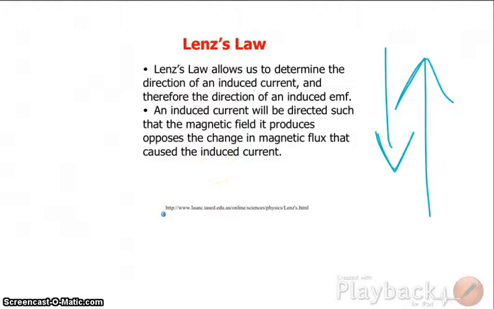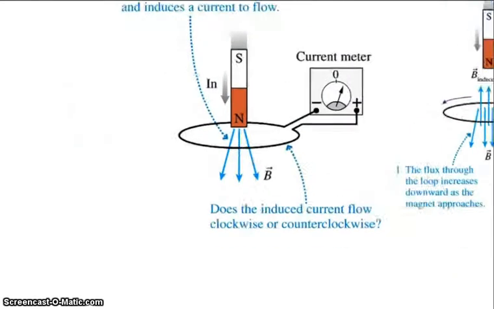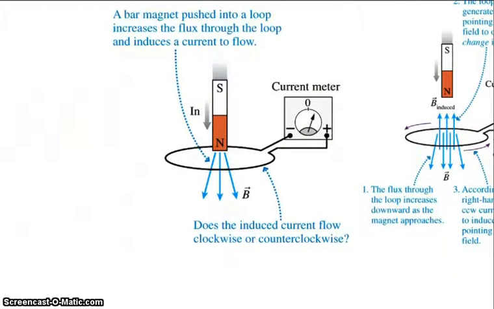Okay, here's another set of pictures. So you push this N through, or this North Pole through, so the magnetic field's going this way. It's going to induce a current such that a magnetic field is produced this way. And if you use the second right-hand rule, your fingers are going to point that way on the inside, right?